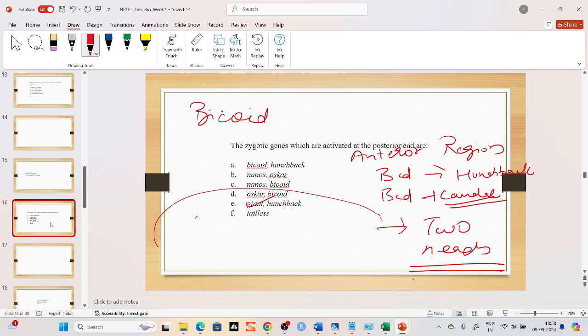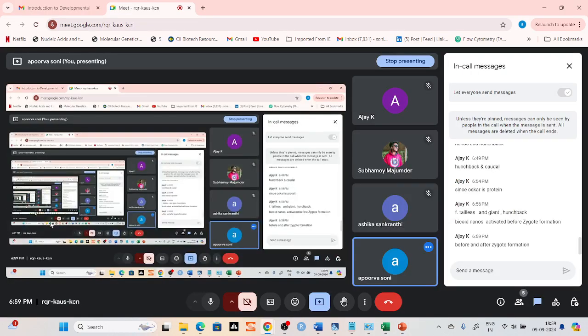zygotic genes? There are two categories of genes or two sets of genes. Can anybody tell me what those genes are? Yes, before and after zygote formation.